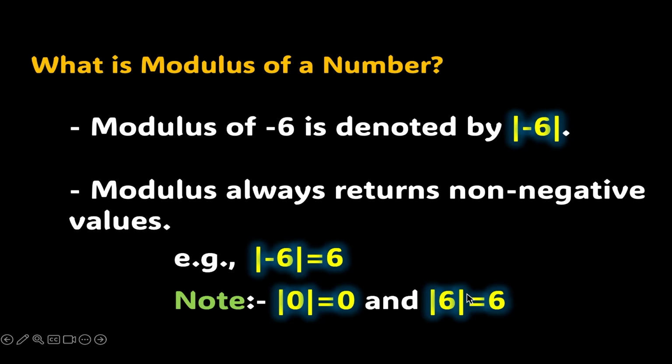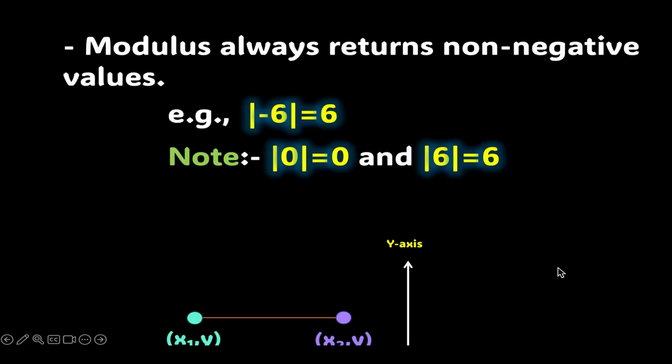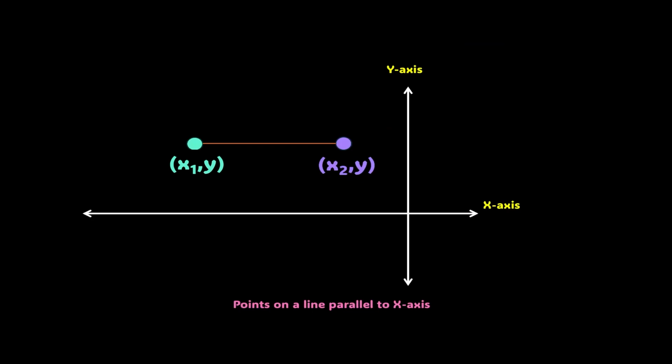Symbolically, if we take 2 points on a line parallel to the x-axis, say (x1, y) and (x2, y), then the distance between them will be x2 minus x1, but we don't know the exact values of x1 and x2, do we? Therefore, we should use modulus to make sure we will always get a non-negative value.